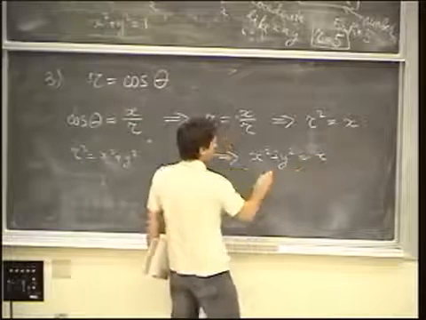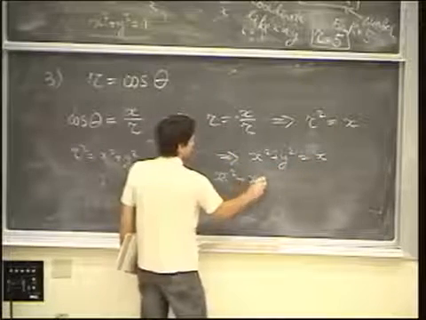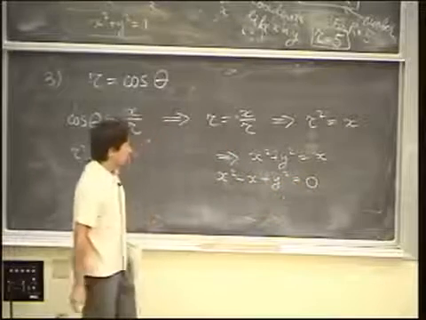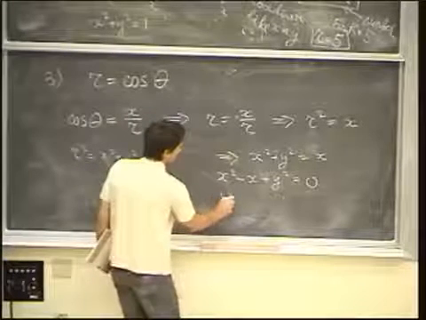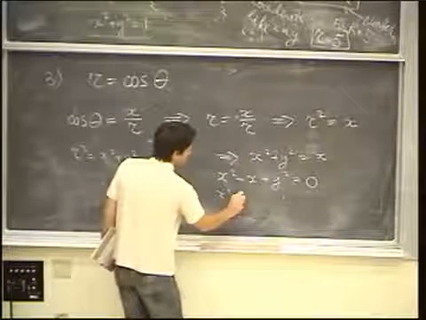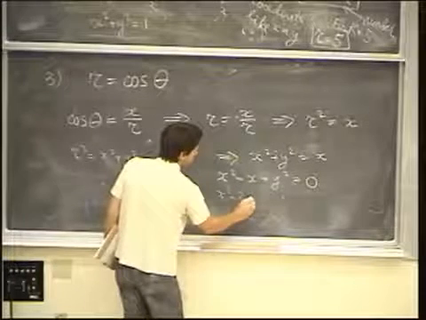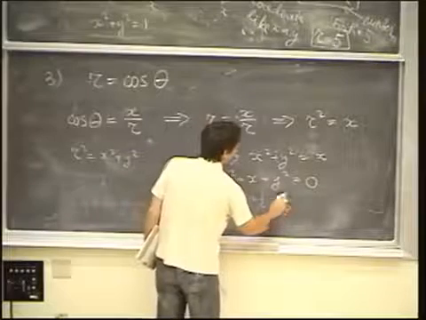Let's take x to the left-hand side. And let's complete to a square. We can write x squared minus 2 times x times 1/2, plus 1/2 squared.